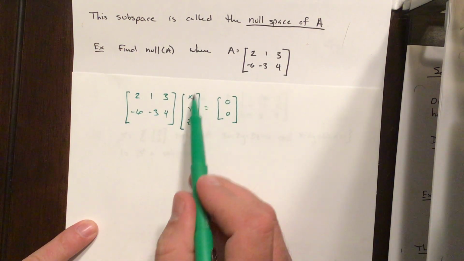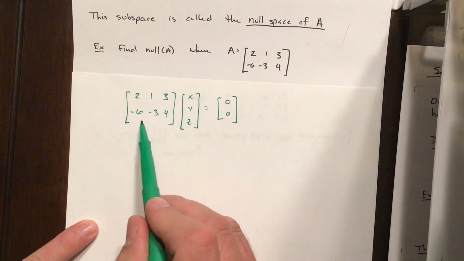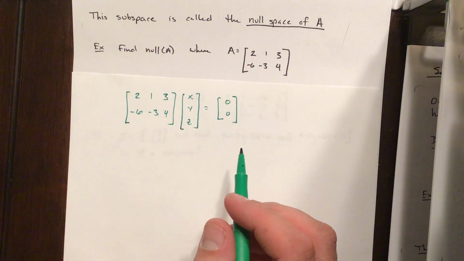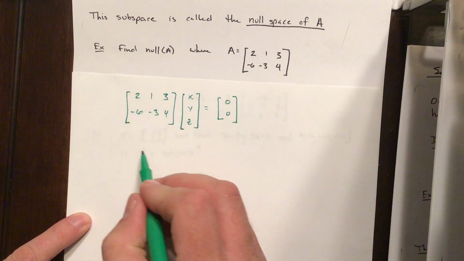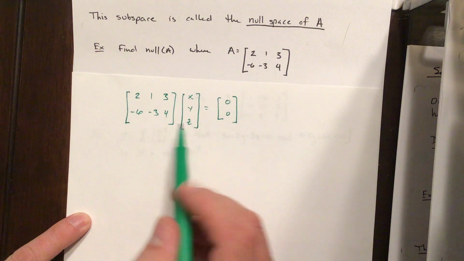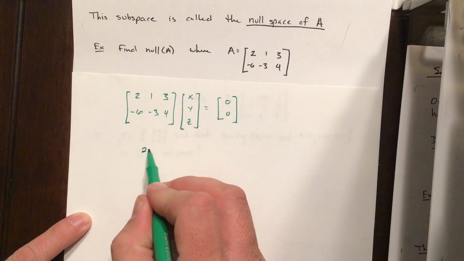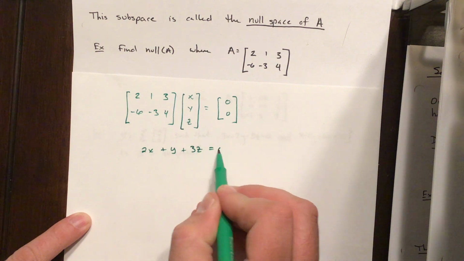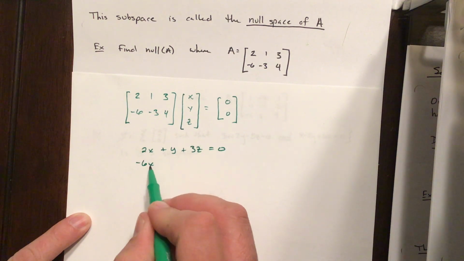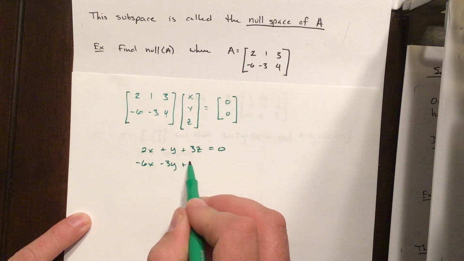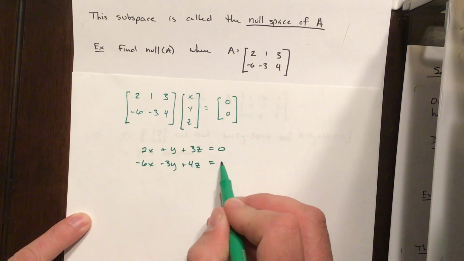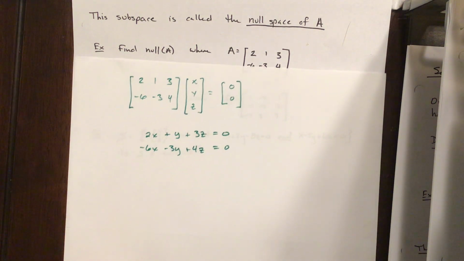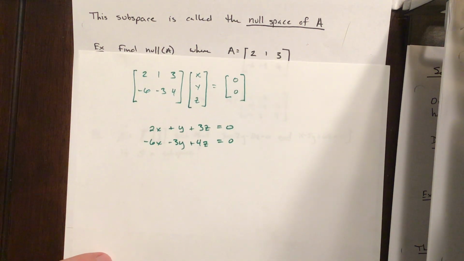So what characterizes this set of vectors such that when I multiply it by the matrix A, I get out the 0 vector? This matrix equation corresponds to 2x plus y plus 3z equals 0 and minus 6x minus 3y plus 4z equals 0. We're solving a system of equations. Now we can do it with an augmented matrix, and I'm going to encourage you to do that.